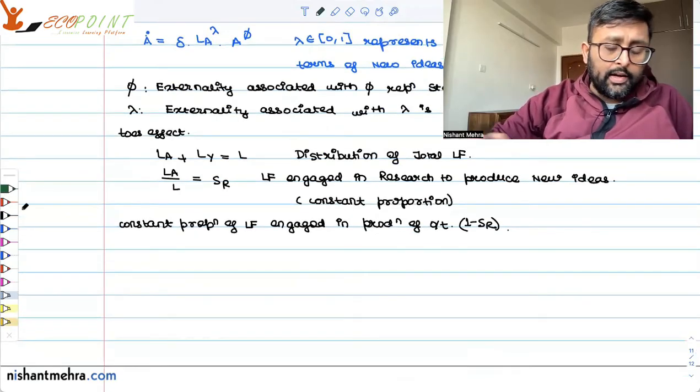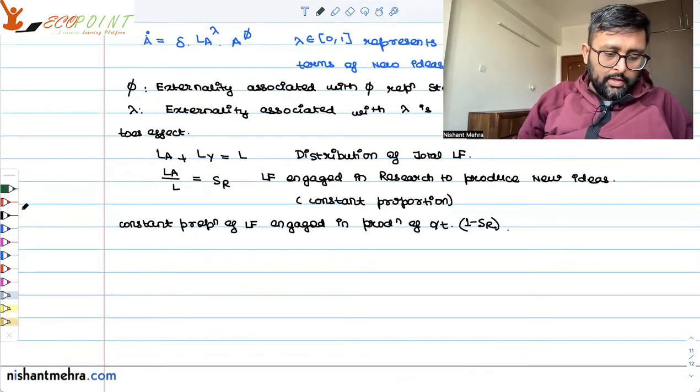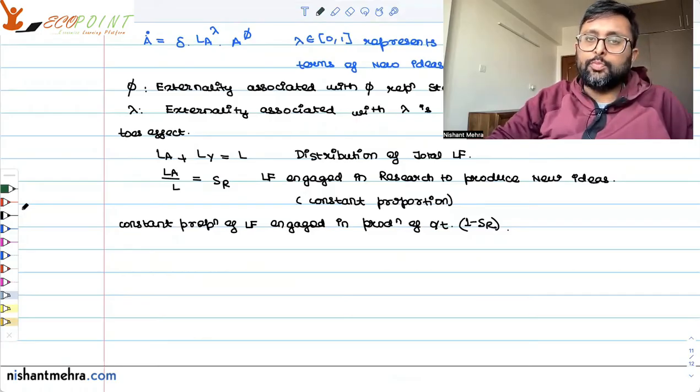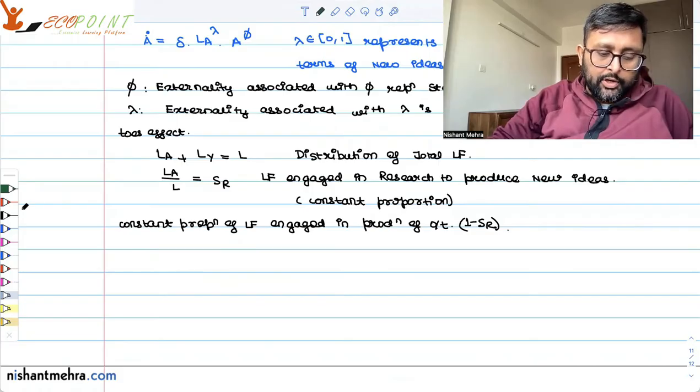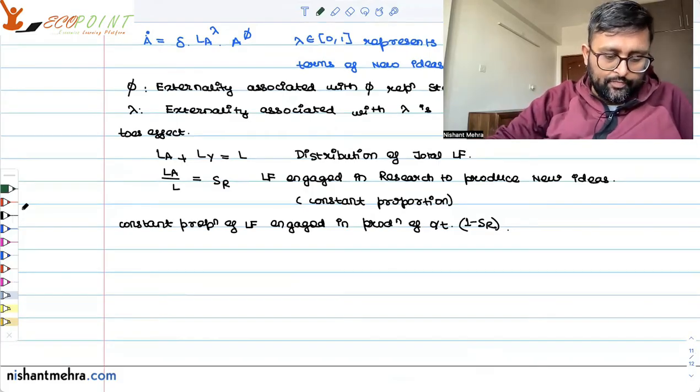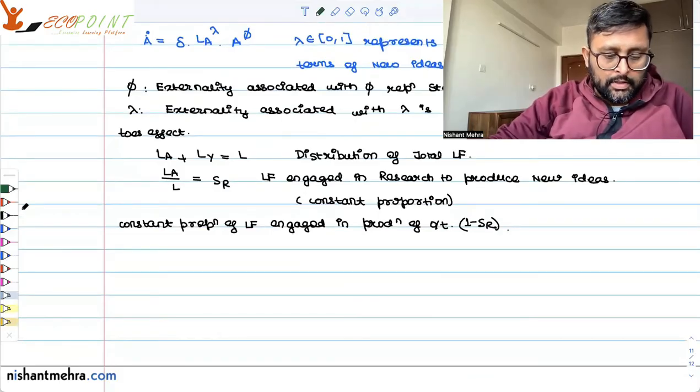Now the point is that along the balanced growth path, the rate of growth of per capita output, rate of growth of technology, rate of growth of capital labor ratio, that is all the same. That is what the balanced growth path is, right?